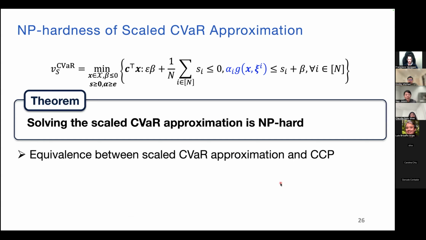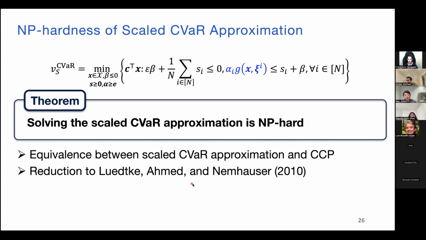Surprisingly, even though a few papers mention the scaled CVaR approximation, none of them actually show a proof that it is NP hard. So we complete this proof based on our equivalence. This reduces to the famous 2010 paper by Professors Luedtke, Ahmed and Nemhauser. So this is most of the theory part of the scaled CVaR approximation.